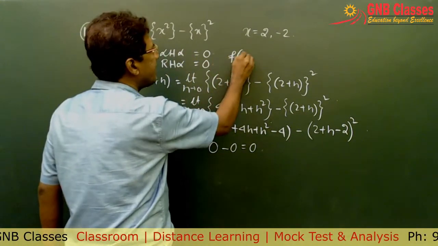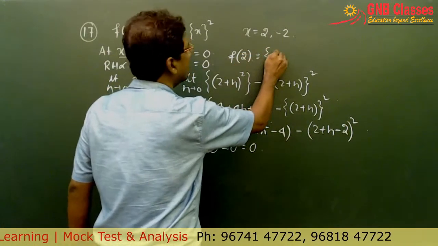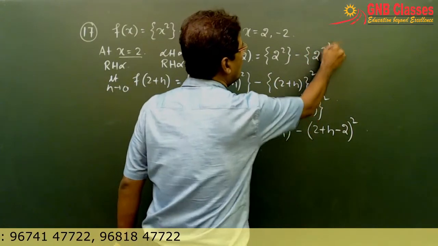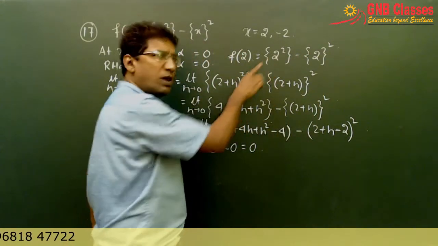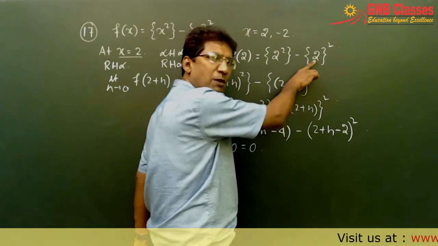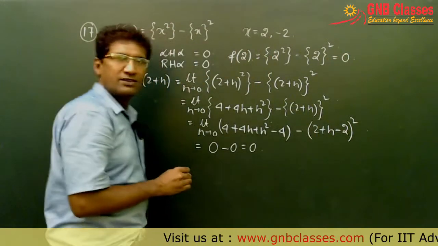Moreover, what is f of 2? This is nothing but 2 square minus fractional part of 2 whole square. Now 2 square means 4. The fractional part of 4 is 0. Again the fractional part of 2 is again 0. So ultimately it is coming to 0.